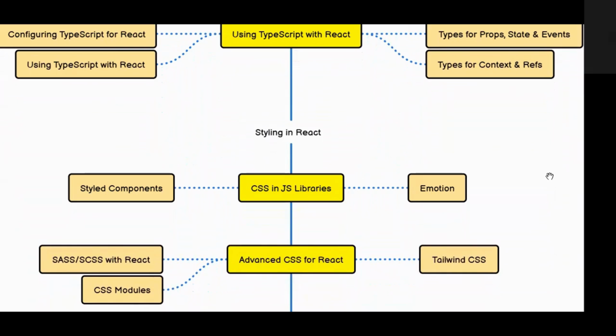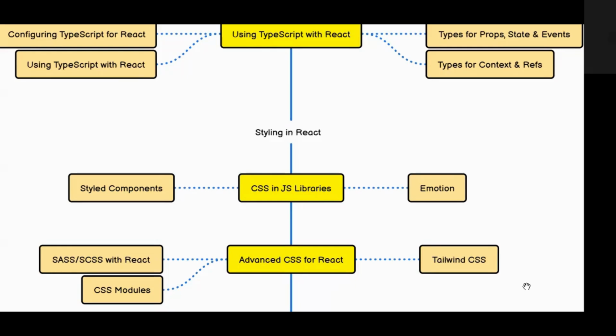Because without CSS, your application cannot work, because this is a very important feature to present any layout in a good way, and it should be responsive for all screen sizes.